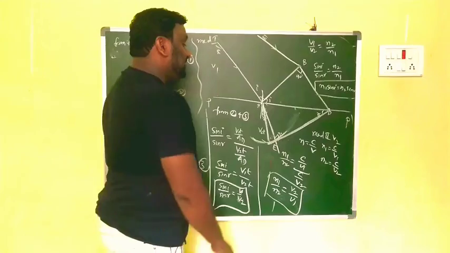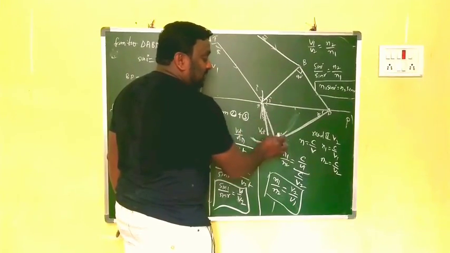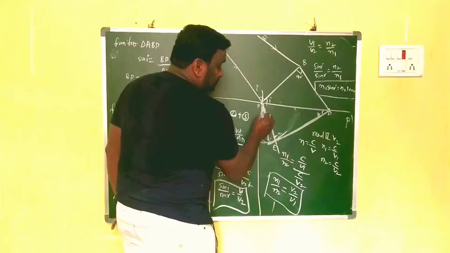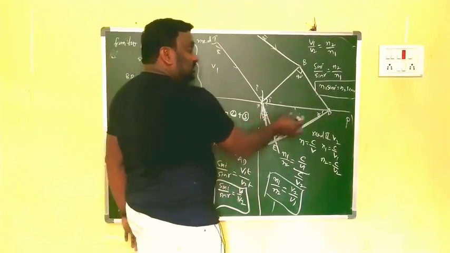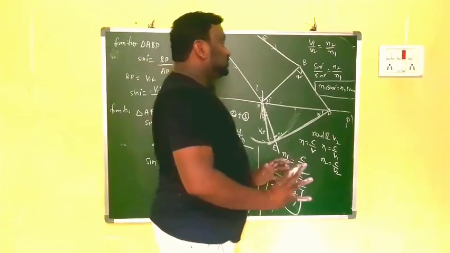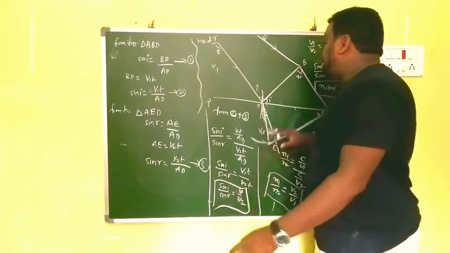After that, this is the refracted ray. This is the normal, perpendicular, 90 degrees, and this is the angle of incidence and this is the angle of refraction. That should be equal to this one. Clear? After that, we have to observe the two triangles. The first triangle is what?